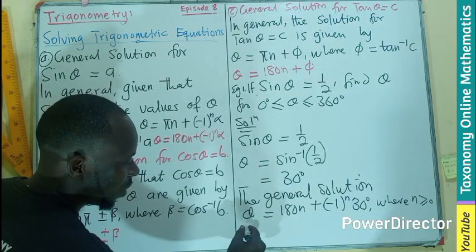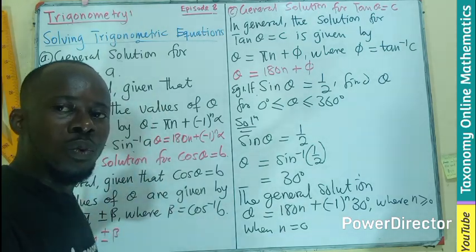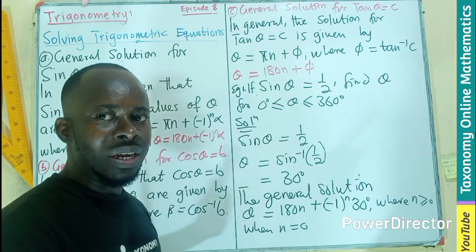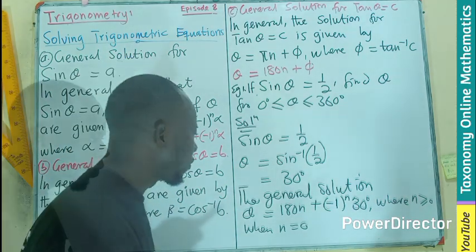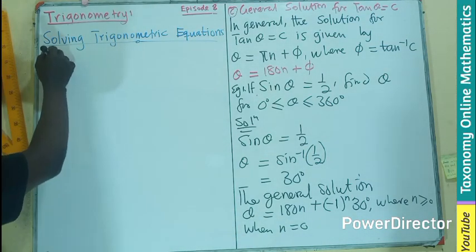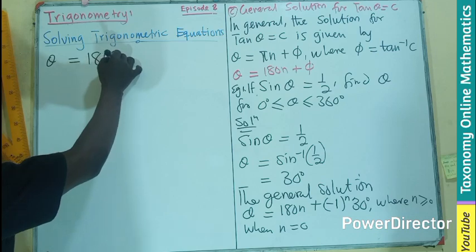So let's begin with when n is equal to 0. What will be the value of theta? That's the first thing you find. So let's check what the solution will be. When n is 0, your theta becomes 180 times 0, plus negative 1 raised to the power 0 times 30 degrees.